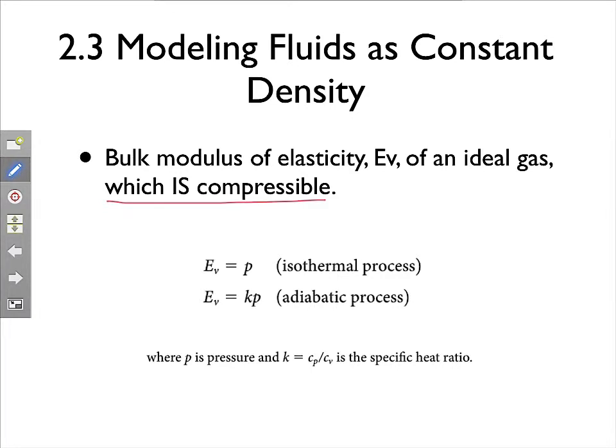So if you have a situation where the pressure is changing in the gas and you're trying to understand, say, how the gas is flowing, you might have to account for the fact that the compressibility or the bulk modulus is changing. Now for adiabatic processes, again, these are processes where there's no heat exchange between the system and its surroundings.